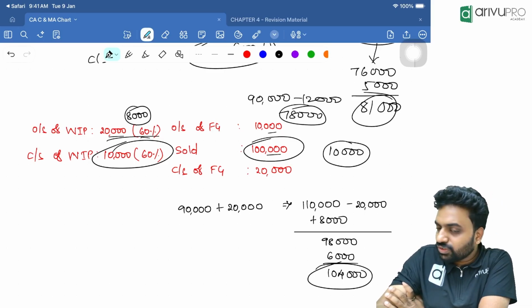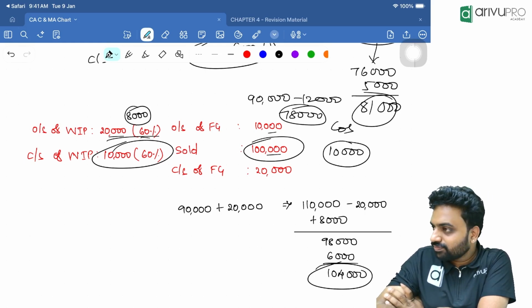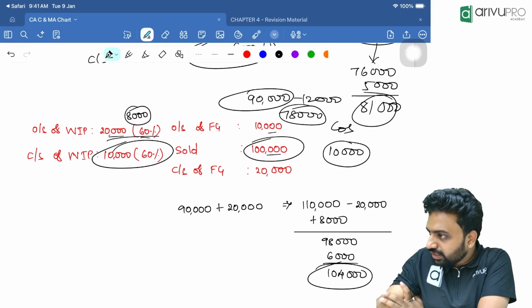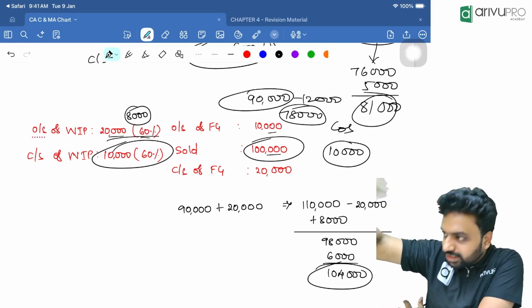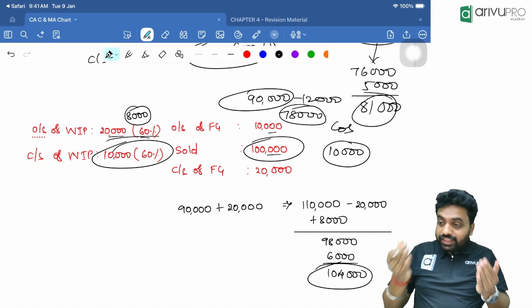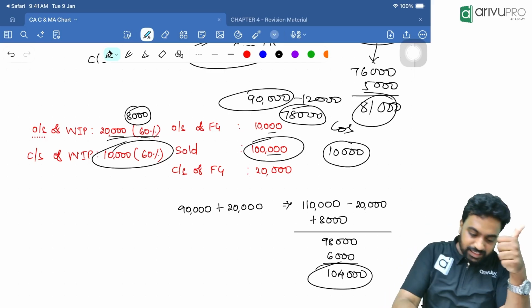Equivalent to 78,000, I will charge it to cost of sales. 1 lakh is sold. Of the 10,000, none is at all relating to the period. For that you don't charge anything. Take it out. 90,000. In that 90,000 also, everything is not produced from scratch.